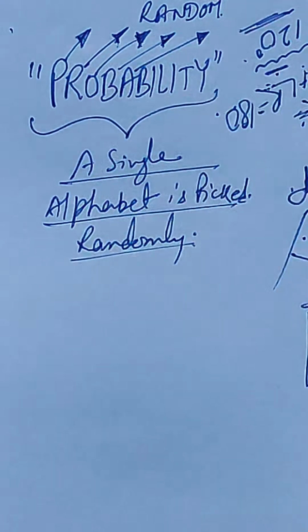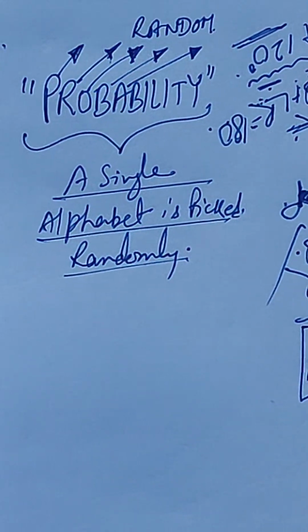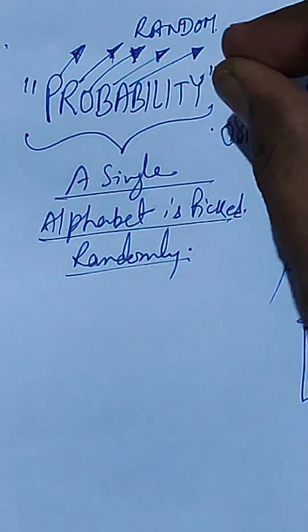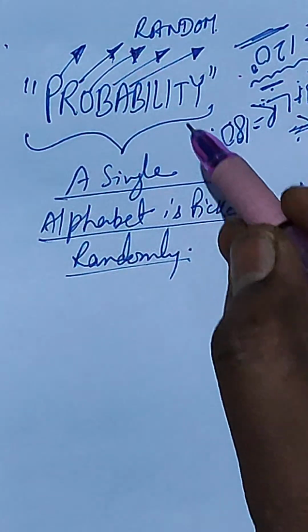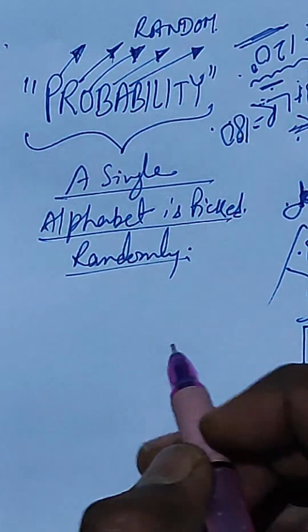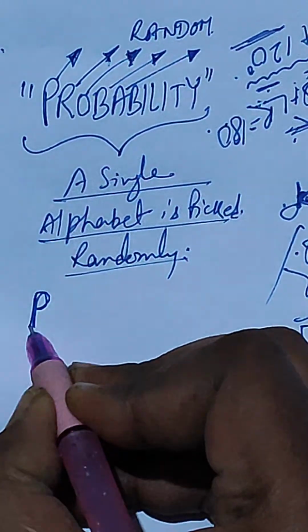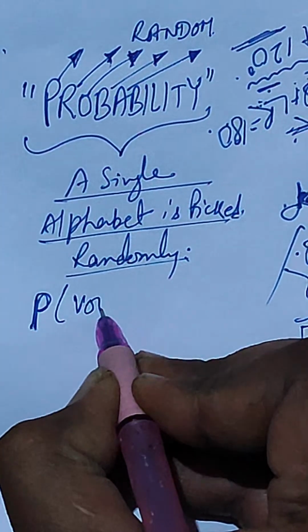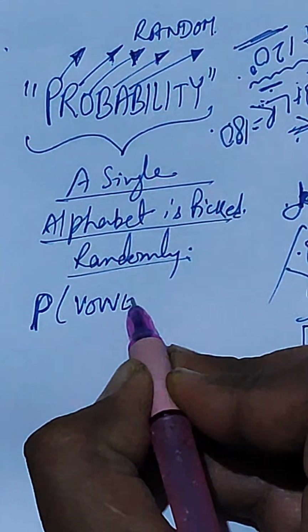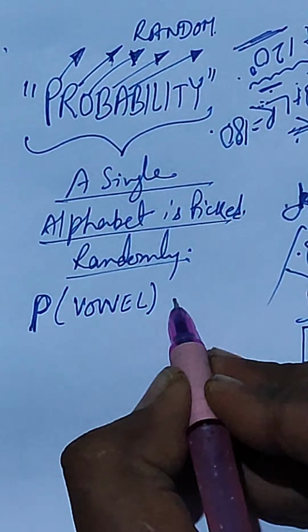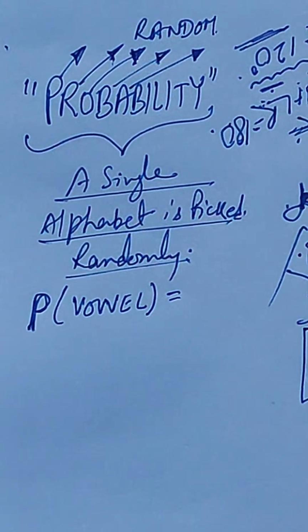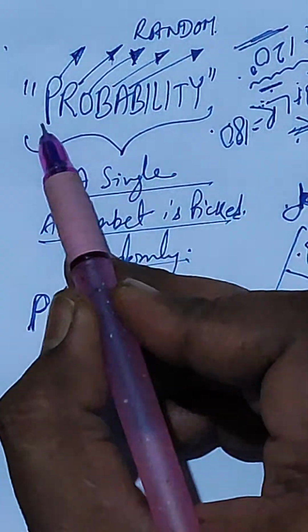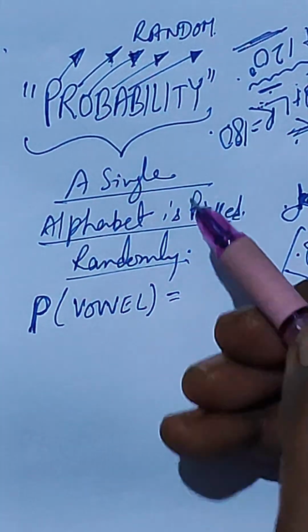Random pick is not a picture, my dear friend. Pick is you're just picking out one of the alphabets, right? So what is the probability of getting a vowel? To find the answer, my dear friends, you need to understand what are the vowels in the word probability.